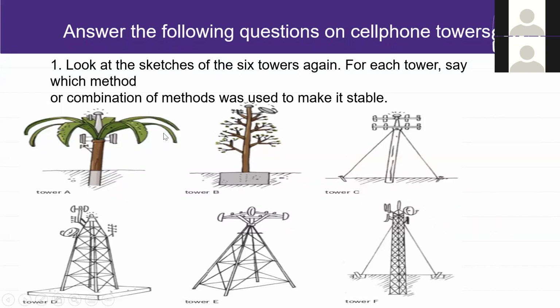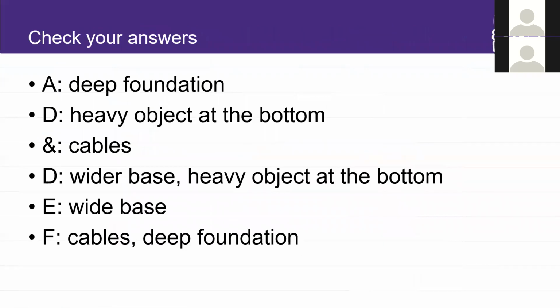We have looked at the stability of the different towers, Tower A, B, C, up to F. And we have discussed what it is that makes them stable. Okay, let's see. Tower A is made stable by a deep foundation. Tower D, heavy object at the bottom and cables, wider base, heavy object at the bottom, wide base, cables, deep foundation. That is what makes the structures stable on the ground.